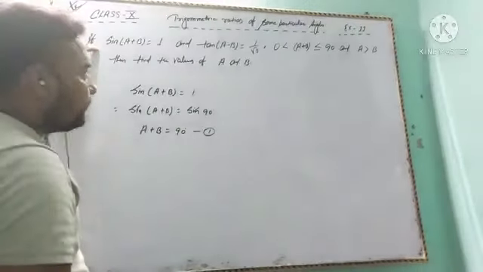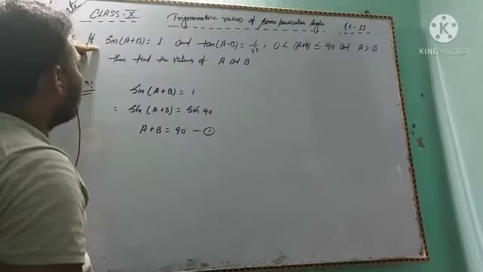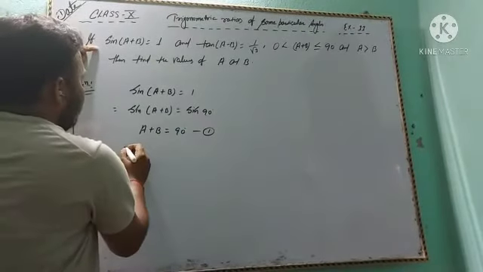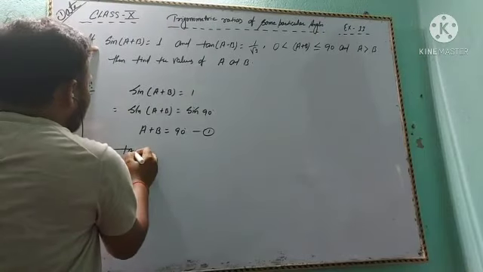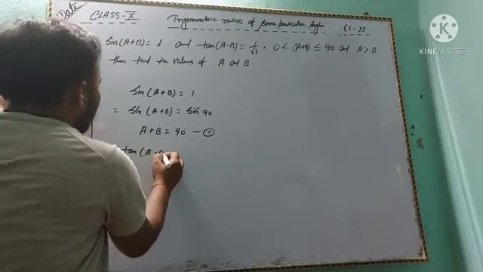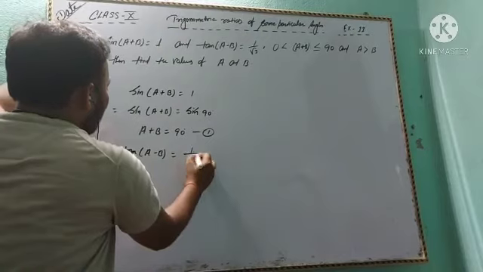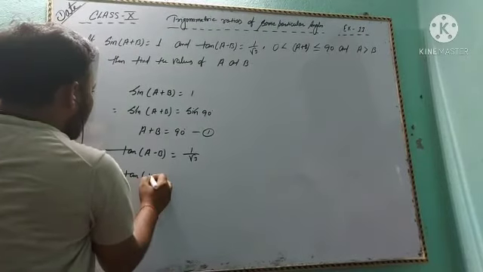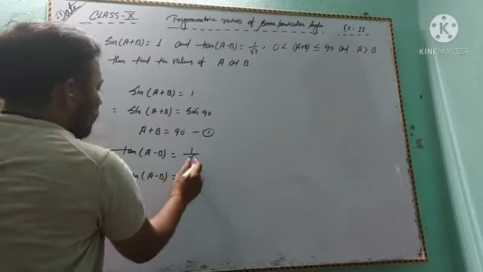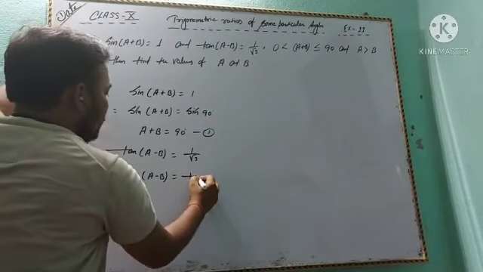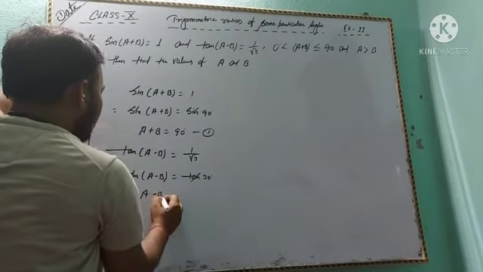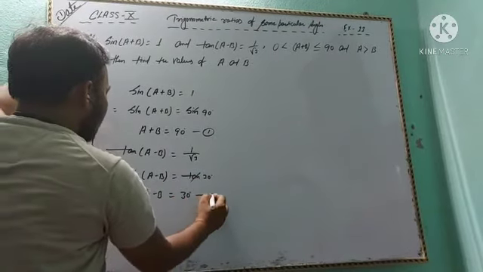Okay students, again tan (A minus B) is equal to 1 by root 3. This implies tan (A minus B), 1 by root 3 is the value of tan 30 degree. Tan cancel, A minus B is equal to 30 degree, equation second.